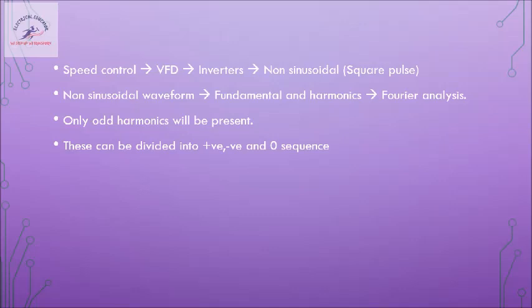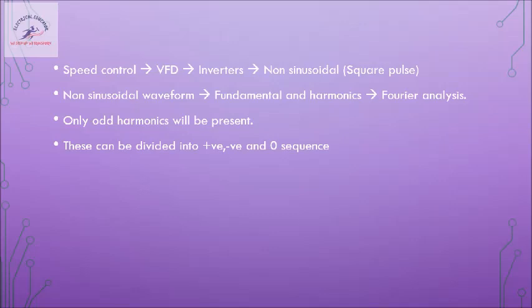Now these harmonics of different orders which are present can be resolved into positive sequence, negative sequence and zero sequence. If any set of voltages has a phase sequence same as that of the fundamental, we call it a positive sequence.